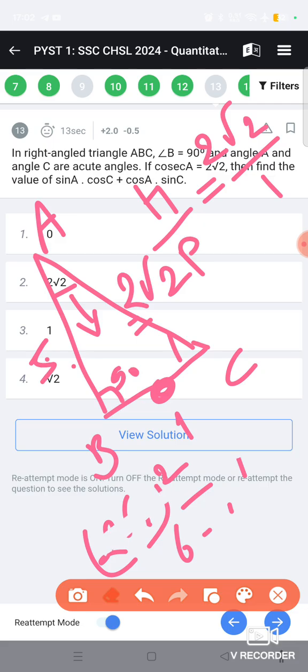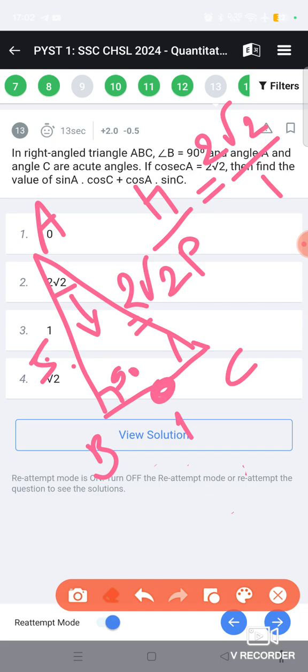Okay, now sin A dot cos C. Sine means perpendicular by hypotenuse.